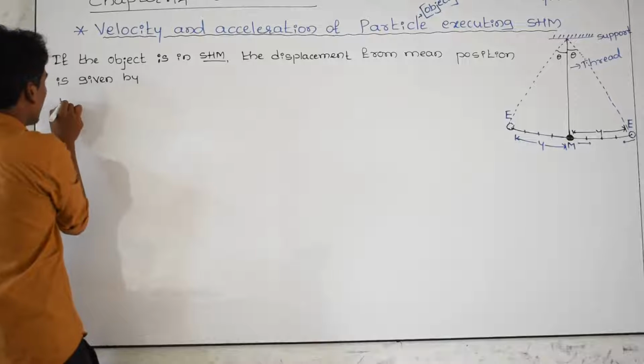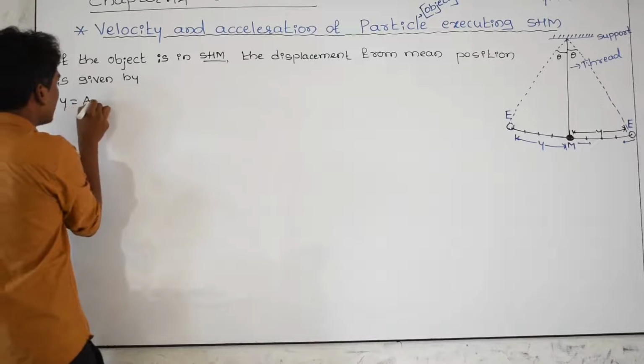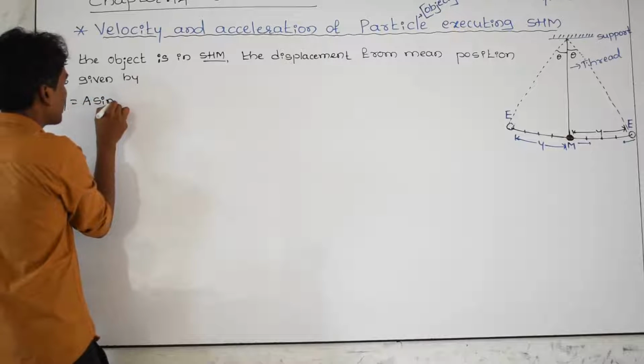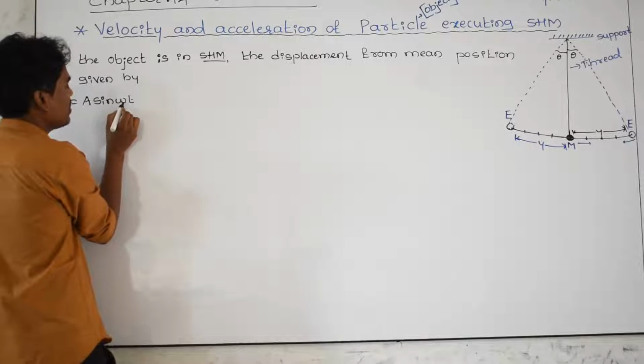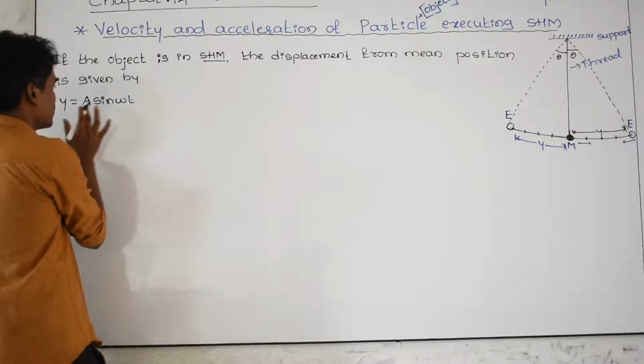That is y is equal to a into sine of omega into t. Omega is an angular frequency, into time. This is a formula.